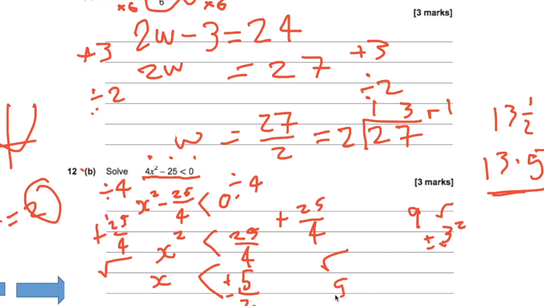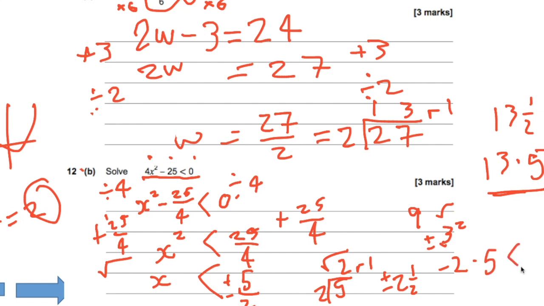So 5 over 2 is 2 remainder 1, which is 2 and a half. But remember it's plus or minus. So our answer is that x is somewhere between minus 2.5 and positive 2.5.